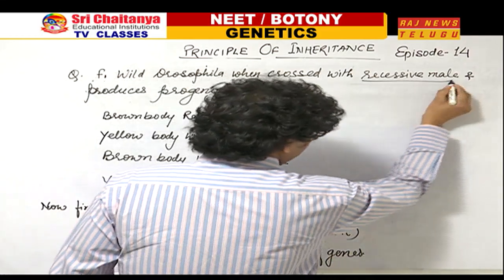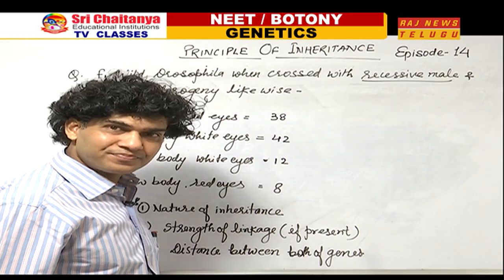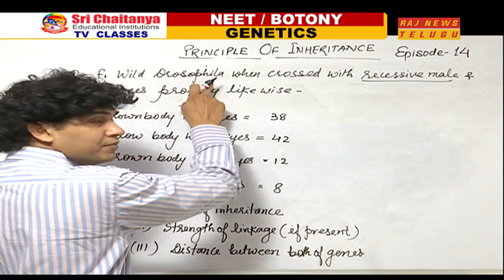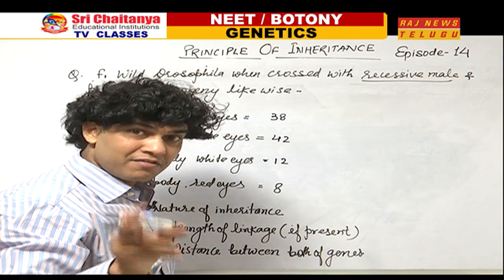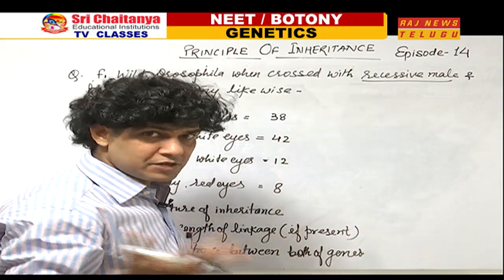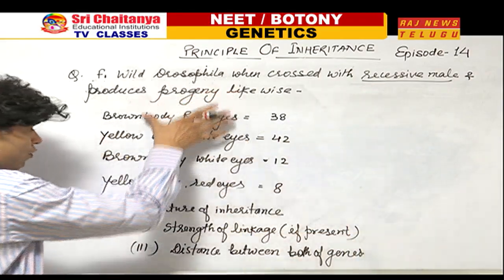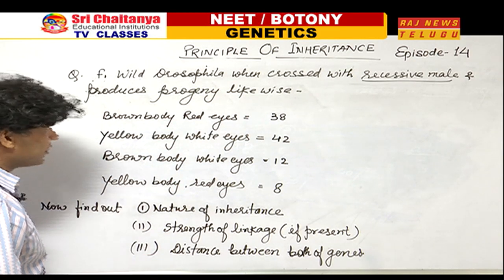Crossed with the recessive male means one thing is confirmed, that it is a test cross. F1 wild means heterozygous. Crossed with the recessive male, it means it is a test cross. It means whatever the progeny is given here is the outcome of the test cross.